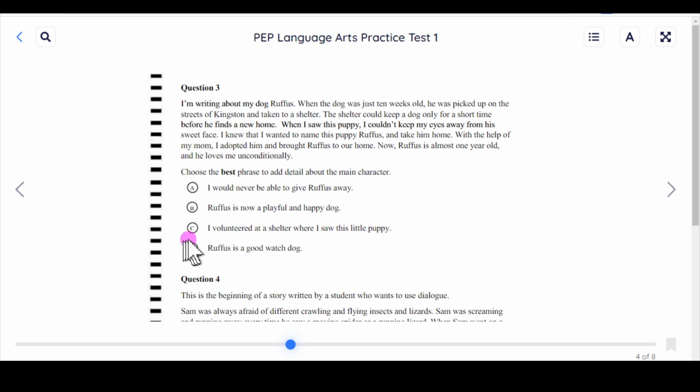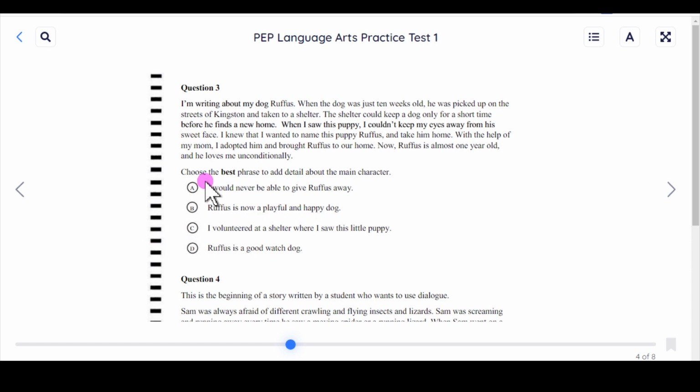So this is not helping me with the character, the main character here. Rufus is now a good watchdog. So I have two sentences here that deal with the main character, Rufus, and two that don't. So I'm going to get rid of A and I'm going to get rid of C.